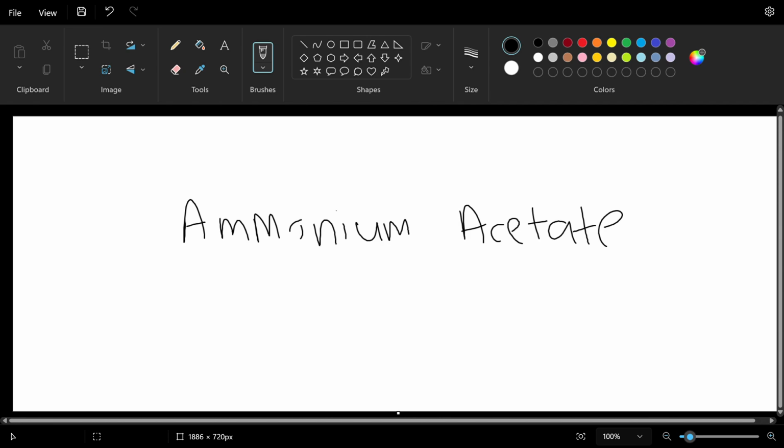Now, if you look on the back of your periodic table, again, you'll see that ammonium is represented by NH4 with a charge of -1. And you will also see that acetate is represented by the formula C2H3O2, and it also has a charge of -1.